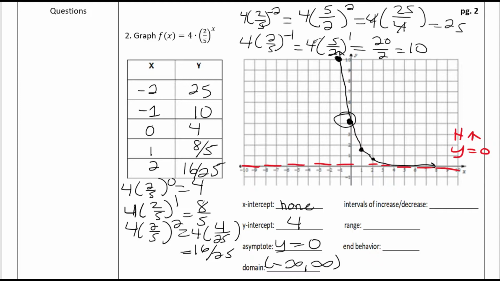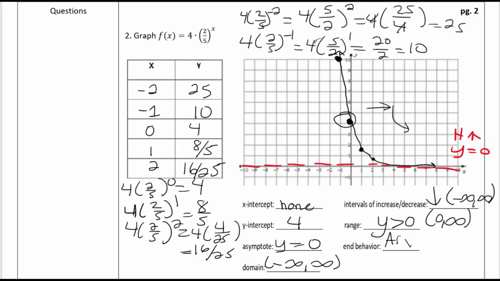For intervals of decrease and increase, it decreases from the negative side to the positive side, left to right. For the range, you're greater than 0 here, because the smallest you can be is just above 0. So 0 to infinity.